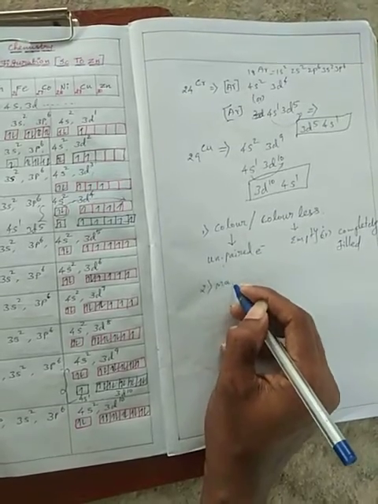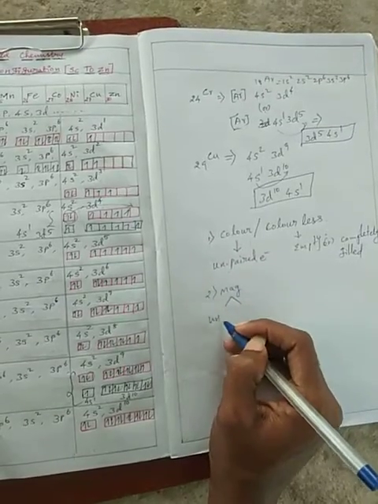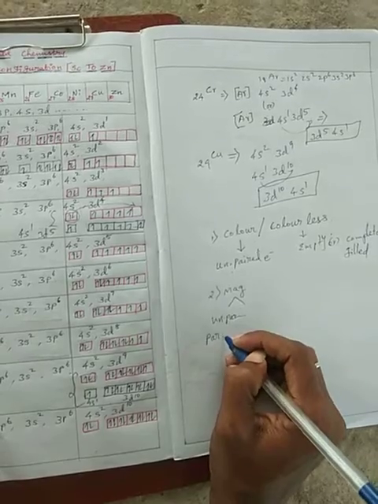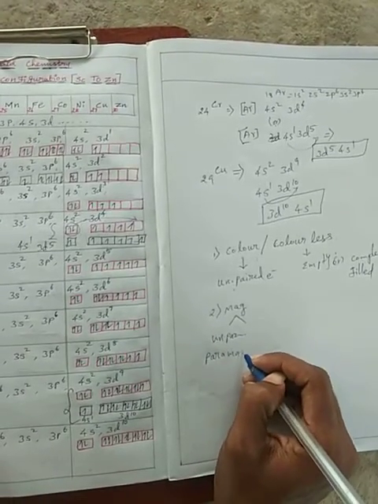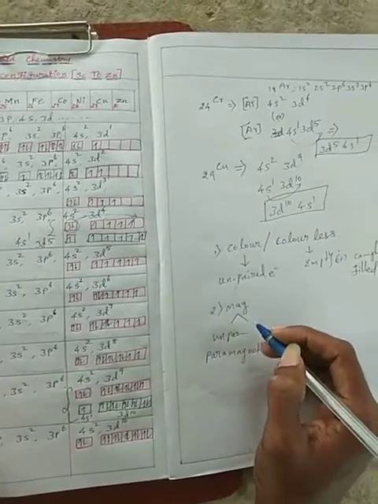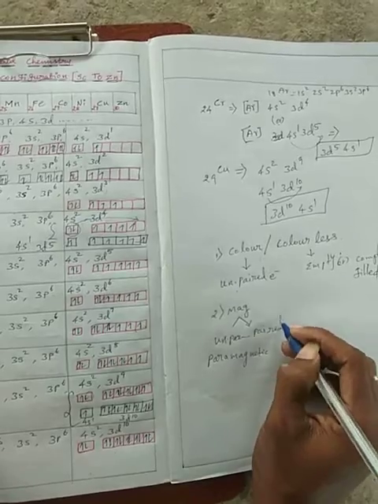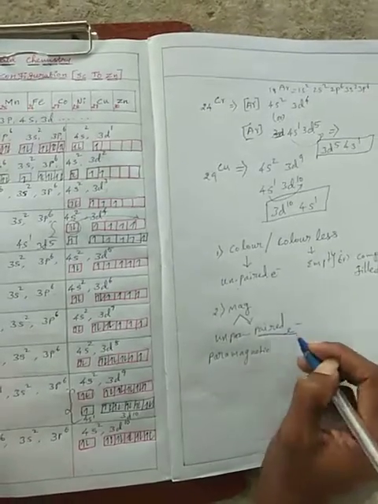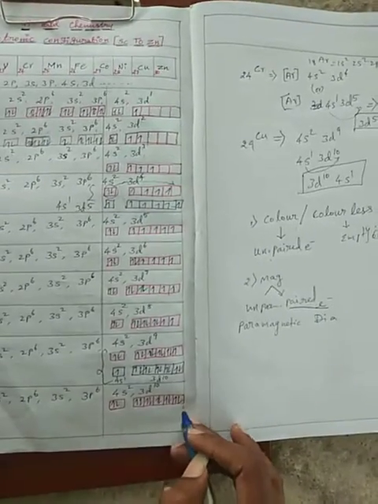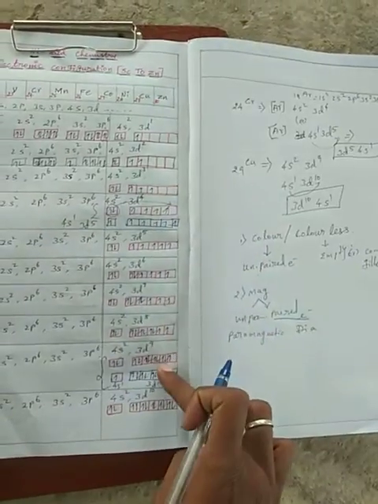Second, magnetic properties. Unpaired electrons make an element paramagnetic. Completely paired electrons make it diamagnetic, so zinc is diamagnetic.